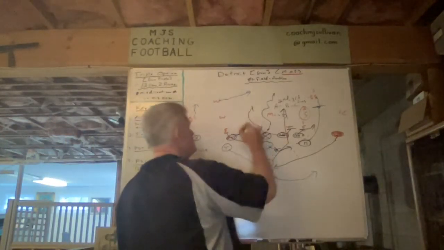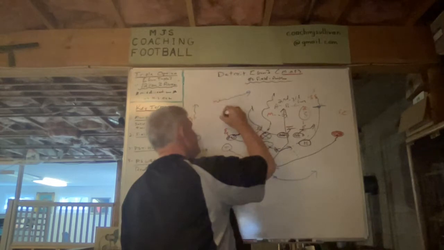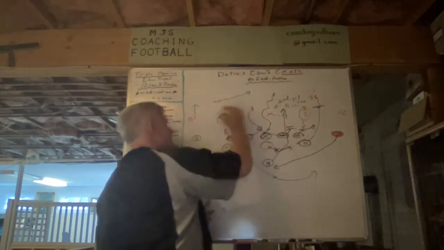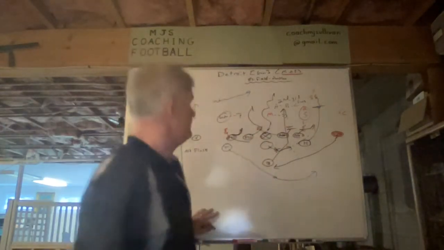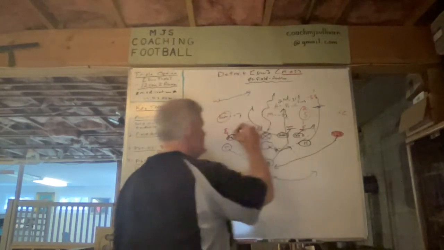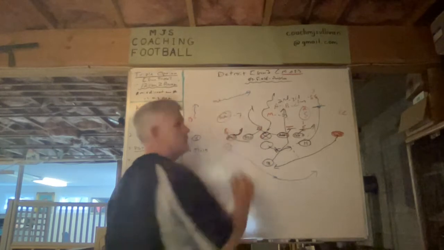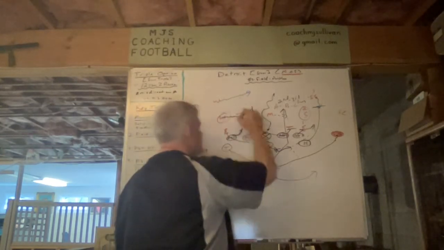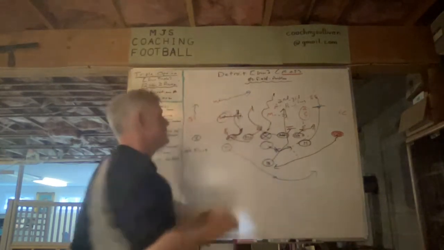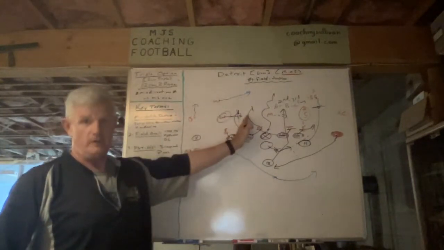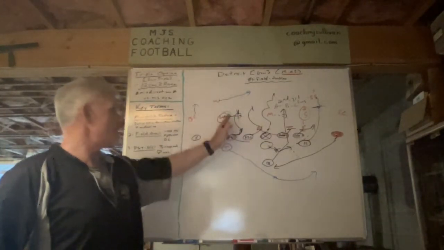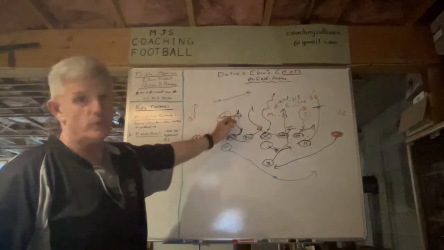So now what he's doing as he's scooping the B, he's reading here. Here's his most dangerous. So if he's not racing, he's going to be slow to get to next level. But our play side tackle is reading the Will. If he does race, then he'll climb up and peel back on the Will. So the play side tackle in the 4-3 over is looking to peel on the Will.